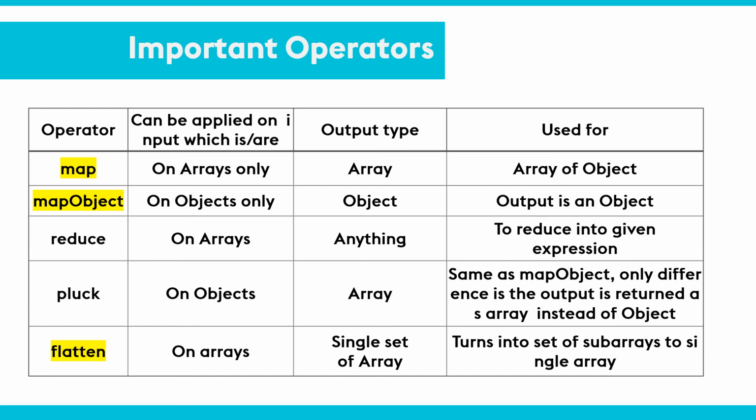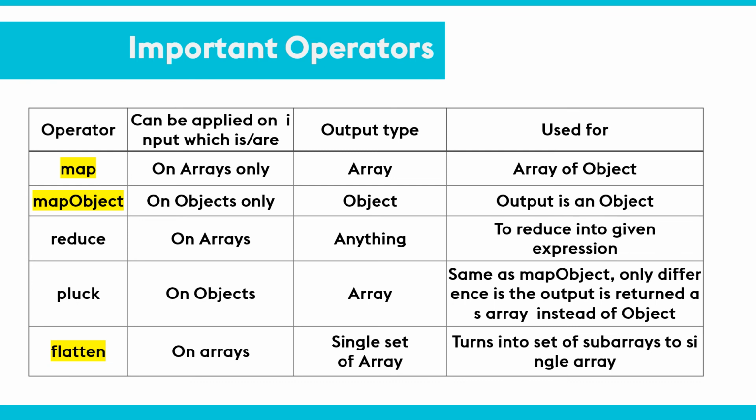Map is used for arrays, and can be used for an array of objects, and map object can be used for objects, where the output is an object, right? Now I would just want to touch on this once, but in the exam mostly you wouldn't see questions on reduce or pluck.